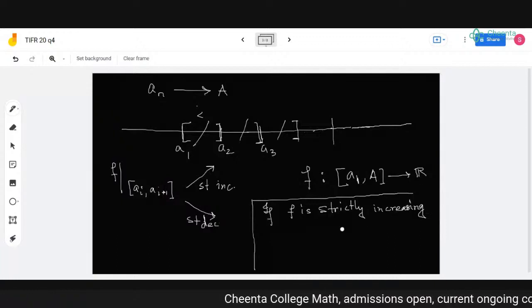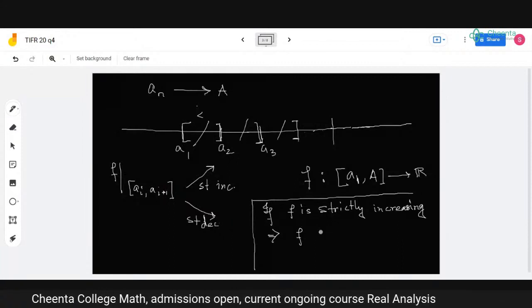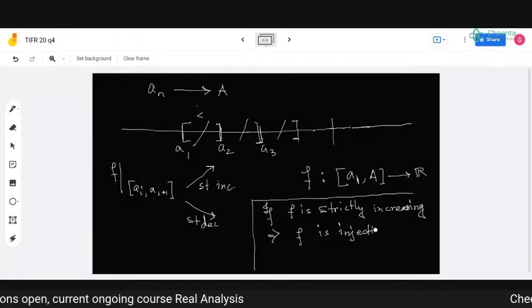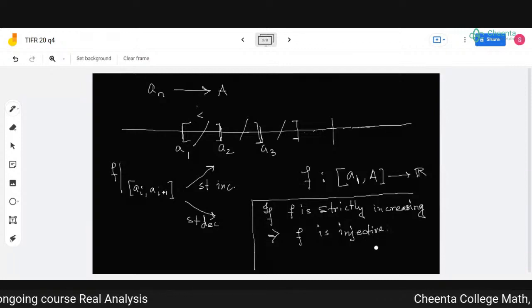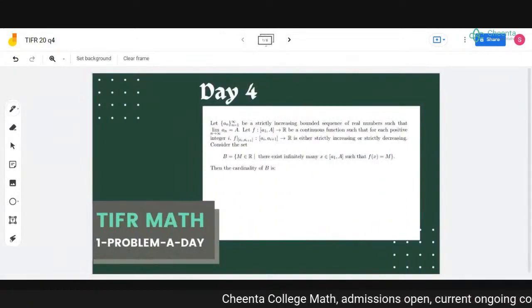The moment you take it, that means what? It makes sure that f becomes injective. All right. So the moment f becomes injective, the cardinality of this set becomes 0.